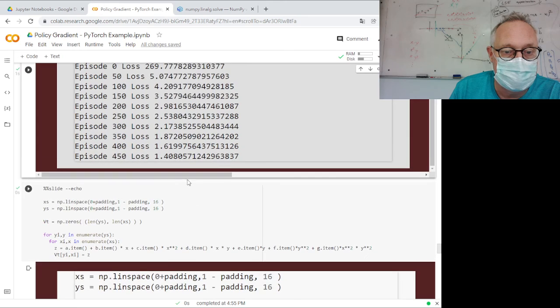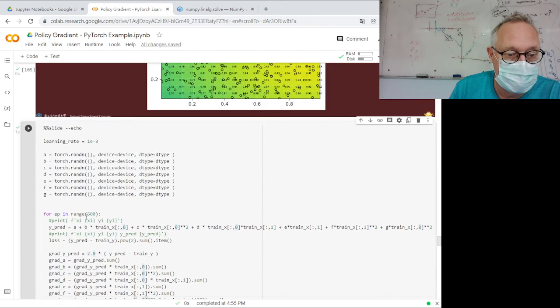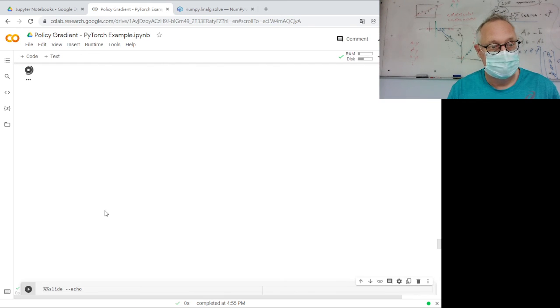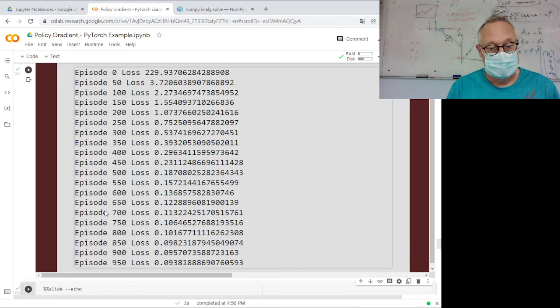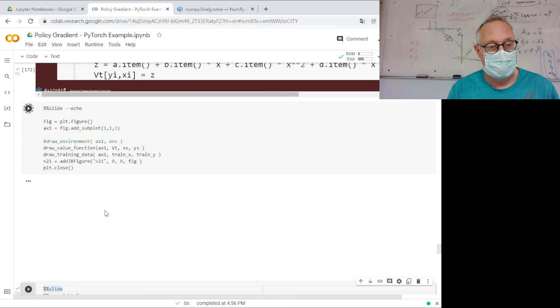In this case, I ran it up to 500, let's run it up to 1,000. On the training data, now I have a loss of 0.09, and I can plot it.